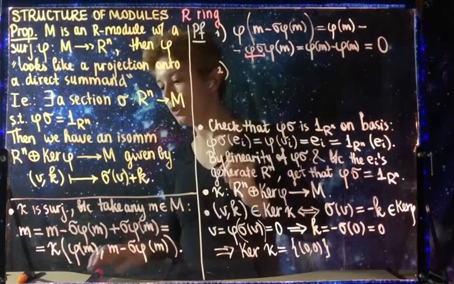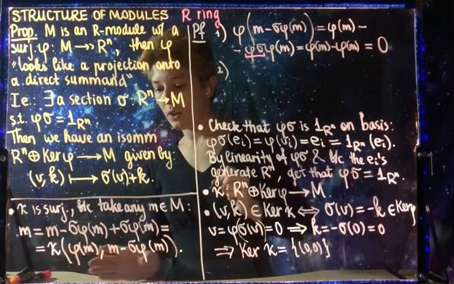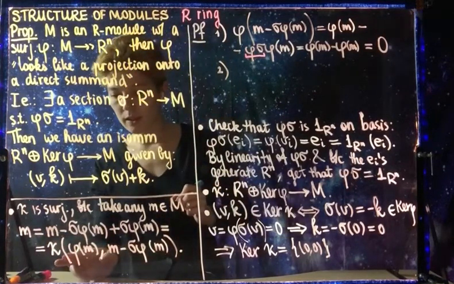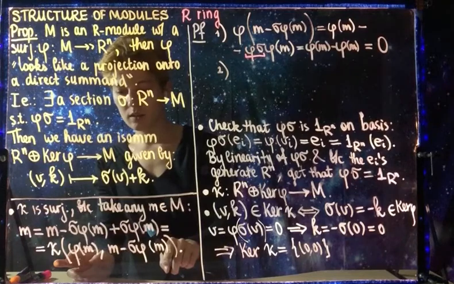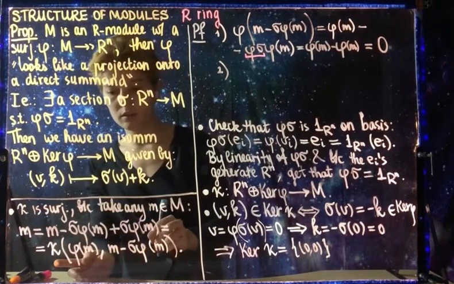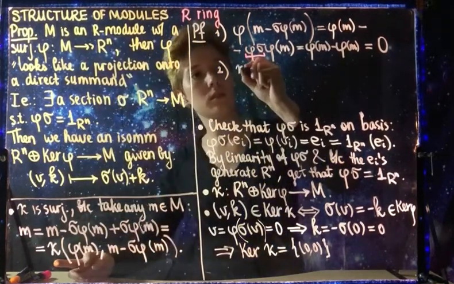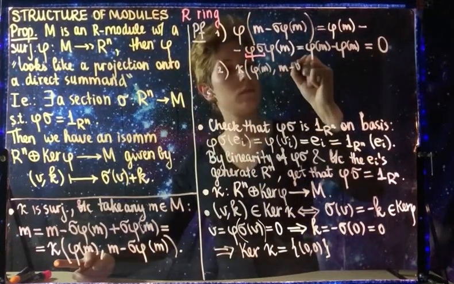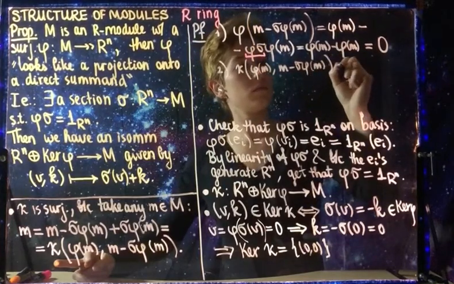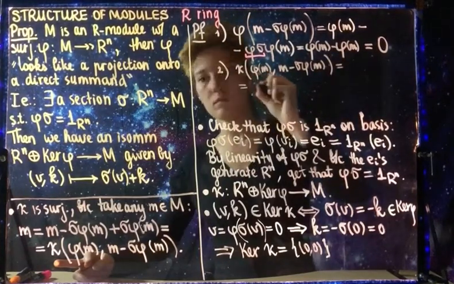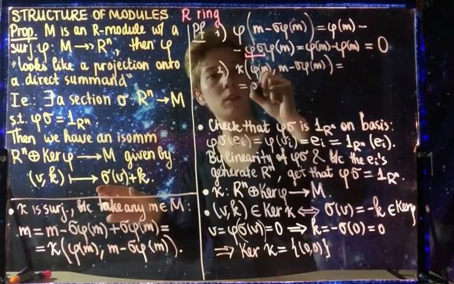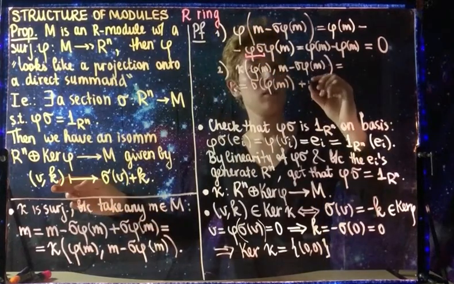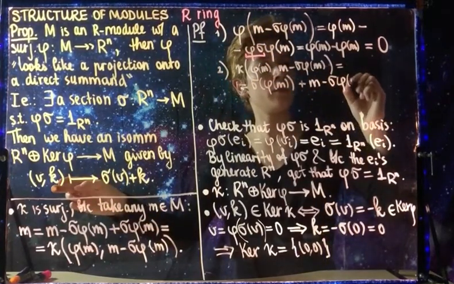And the second part to check is that kappa of this element is equal to m. So when I apply kappa to this pair, I get sigma of phi of m plus m minus sigma phi of m.